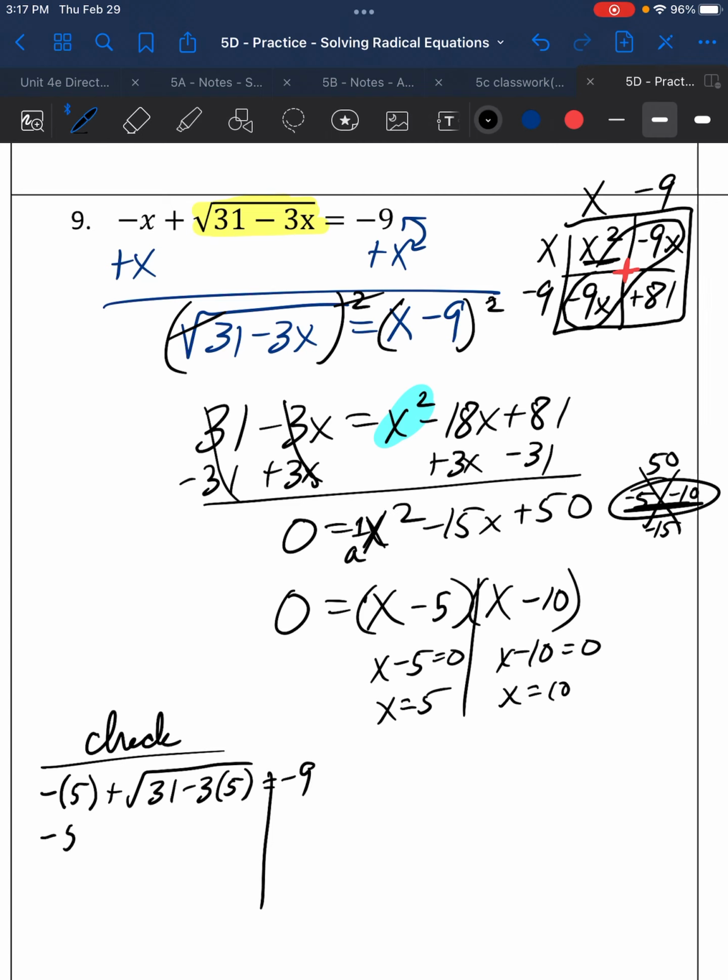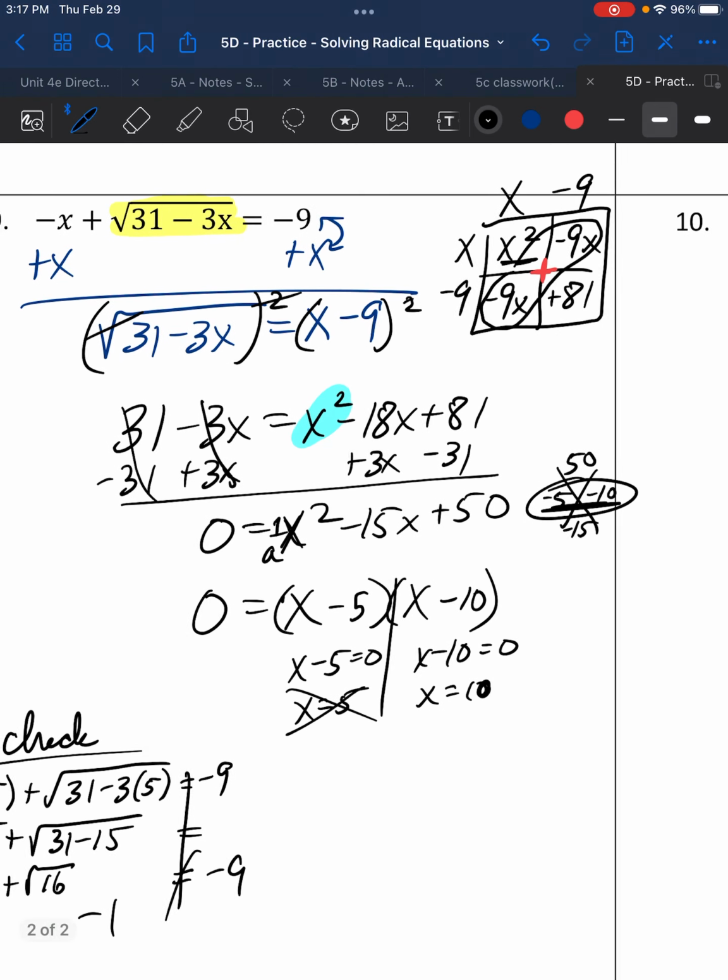I have 3 times 5 inside, negative 5 on the outside, 31 minus 15. 31 minus 15 is 16. Square root of 16 is 4. Negative 5 plus 4 is negative 1. And negative 1 does not equal negative 9. Did I do that right? Looks like it. So that is extraneous. So x equals 5 is extraneous.